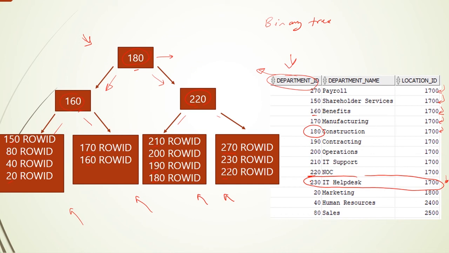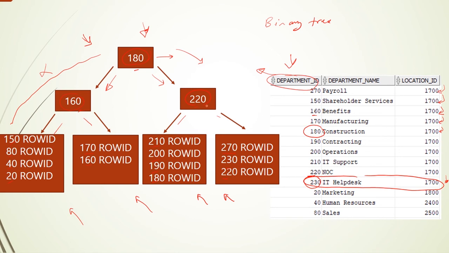With an index, if you want to search on this department, you will go to the root of the index. Is 230 greater than 180 or smaller than 180? It is greater than 180. So that means this branch is not needed. Go to this branch.